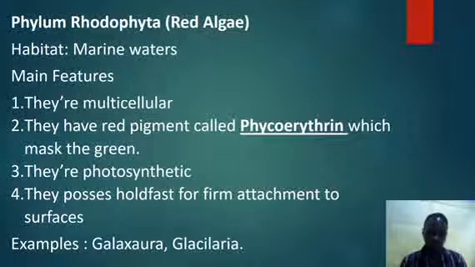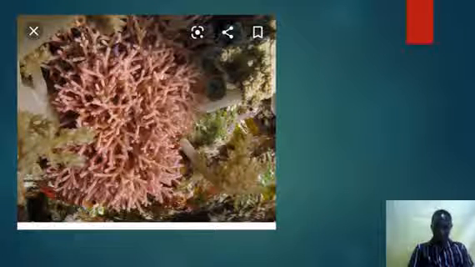Then lastly, they possess a structure we call the holdfast, which helps them to attach themselves firmly to surfaces. In your shot now is an image of the Gelidium. Take a look at it closely.